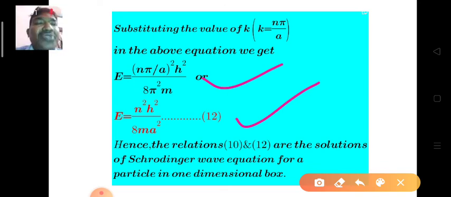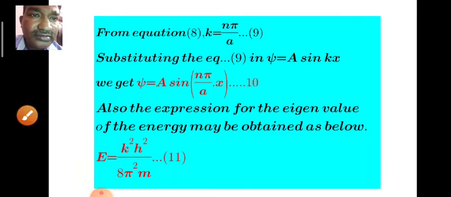Here equation 12 is the equation that helps in the calculation of the energy of a particle moving in the one-dimensional box, that is E is equal to n square into h square upon 8 m a square.